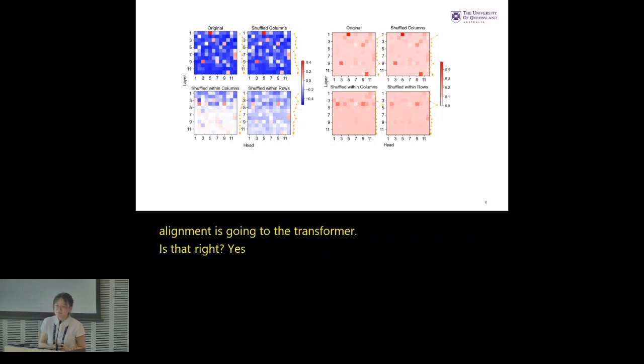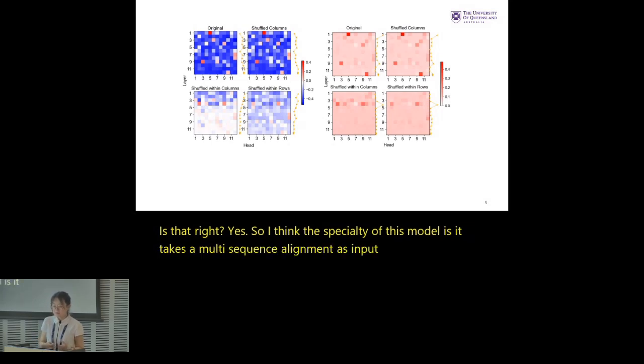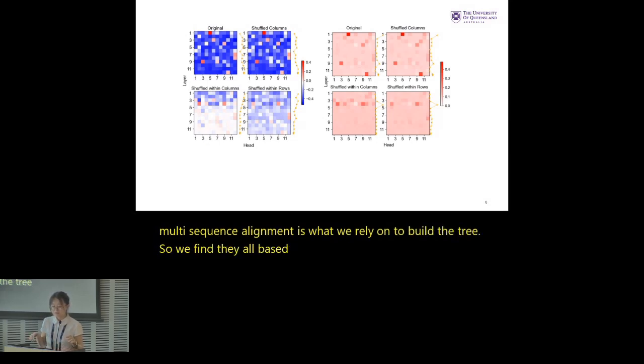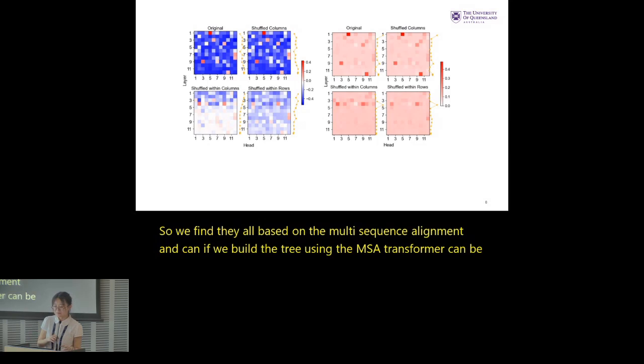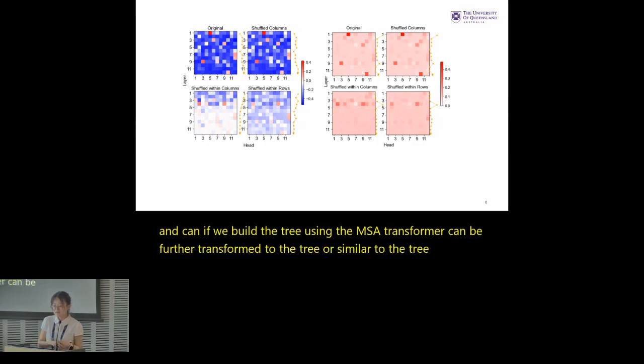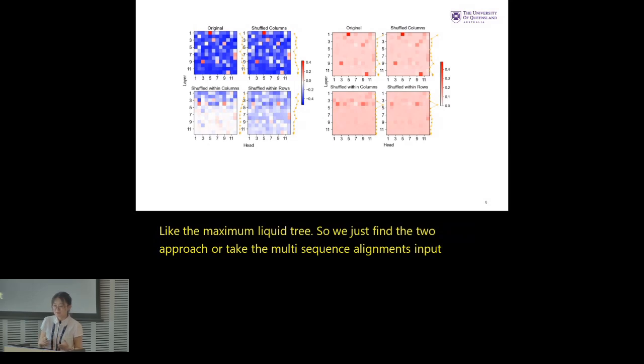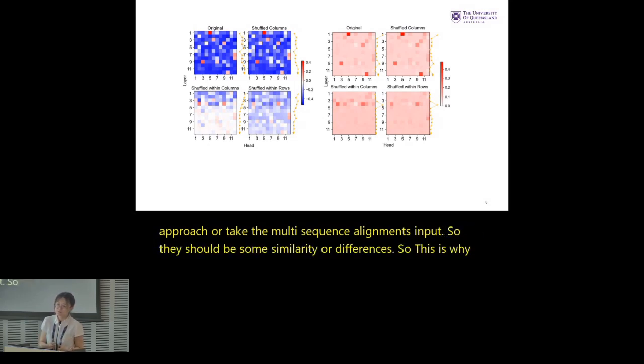The specialty of this model is that it takes a multiple sequence alignment as input, and the multiple sequence alignment is also what we rely on to build the tree. If we build the tree using the MSA transformer, it can be transformed into a tree similar to the maximum likelihood tree. So we find the two approaches both take the multiple sequence alignment as input, so there should be some similarities or differences. This is why we do this research.